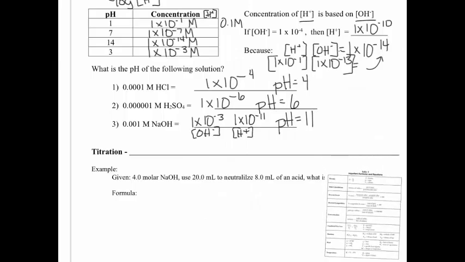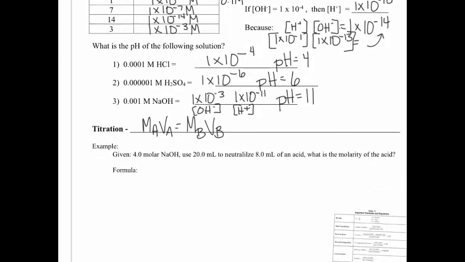So a titration, I'm just going to put the equation here, like so. If you look at the question we're given here, it says that we've been given a 4.0 molar NaOH. That is the molarity of the base, so I'm going to label that MB.